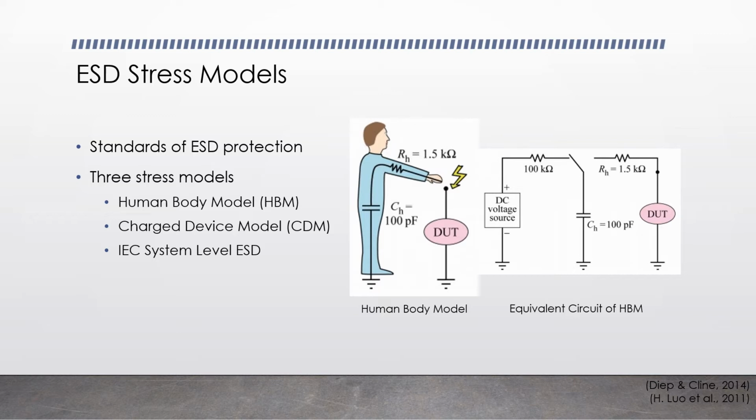The CDM, Charged Device Model, is a component-level stress that simulates charging and discharging events that occur in production equipment and processes. The IEC System Level ESD is a widely accepted European standard which defines an ESD event that is meant to be tested on actual end equipment to simulate a charged person or object discharging into electronic systems.